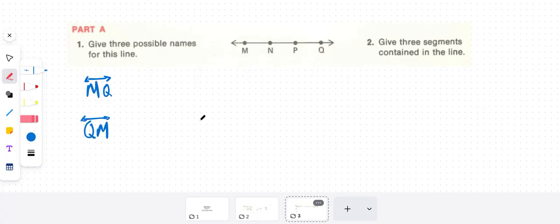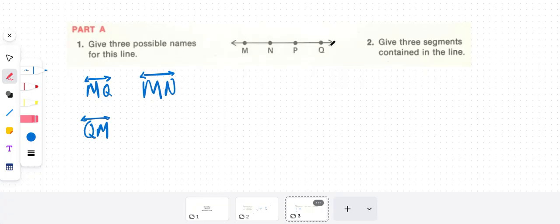You could also call this line, now this is where it gets interesting, because the line refers to those 2 points and all the points either direction on that line. You could also call this line MN. Now if you see line MN, it's the same as line MQ. These aren't different lines, it's the same line. You just need 2 points on that line to identify that line.